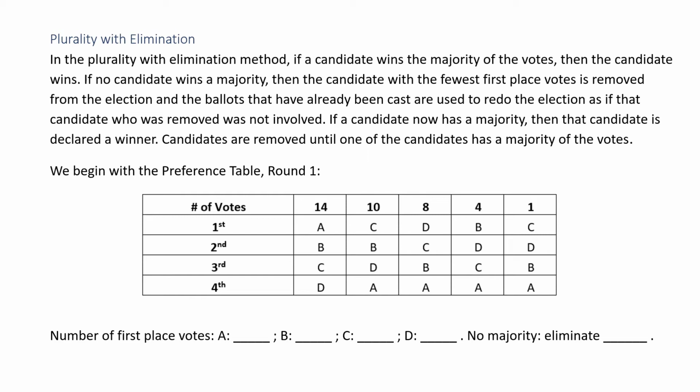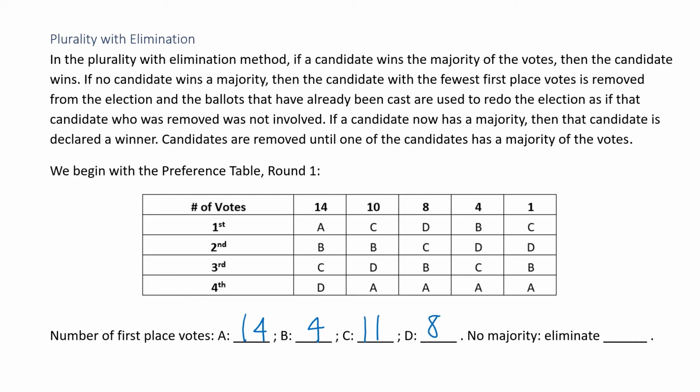So we'll begin with the preference table and we'll call that round 1. A has how many first place votes? 14. B has 4. C has the sum of 10 and 1, which is 11. And D has 8.